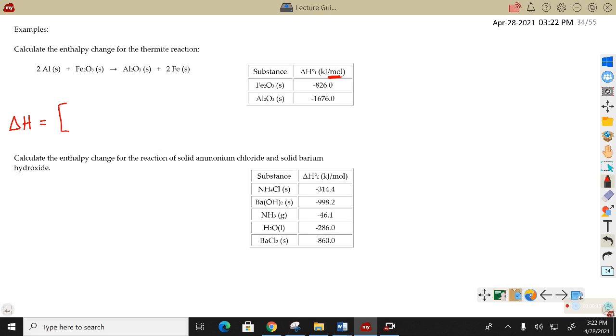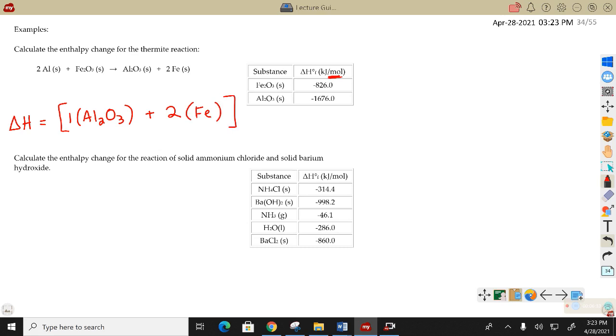But I'm good here. I've got 1 mole of aluminum oxide, and so I'm going to set that up like 1 mole of the Al2O3. I'll set this up, and then I'll plug in all my numbers. And then I'm going to have 2 moles of the iron. Here's what I'm thinking.